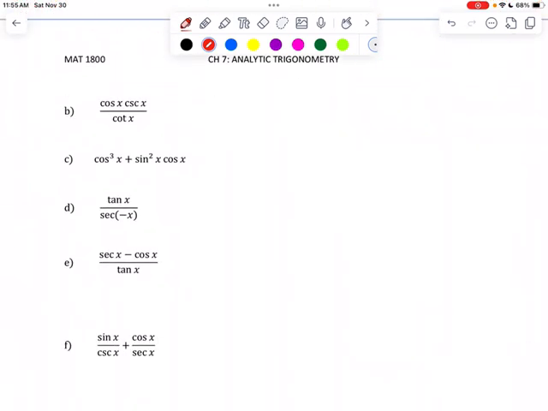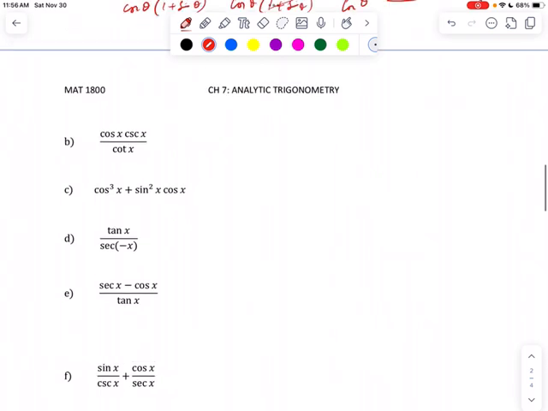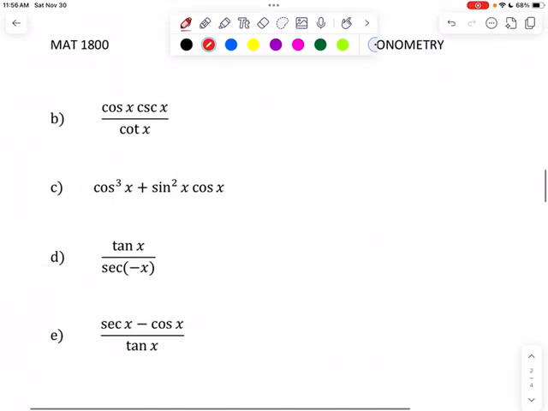So we have a bunch of these. Let's see how we can do them. Cosine of x times cosecant of x over cotangent of x. Now remember this, this is again a hint.